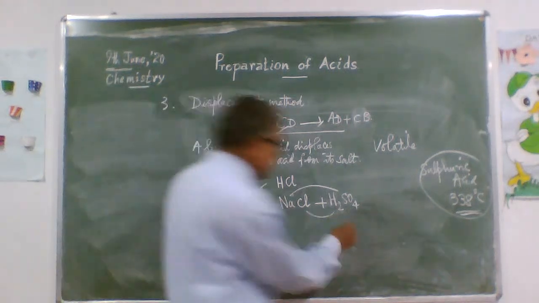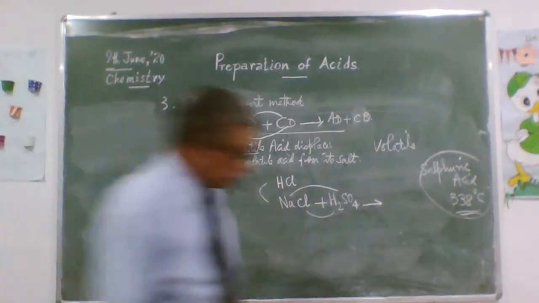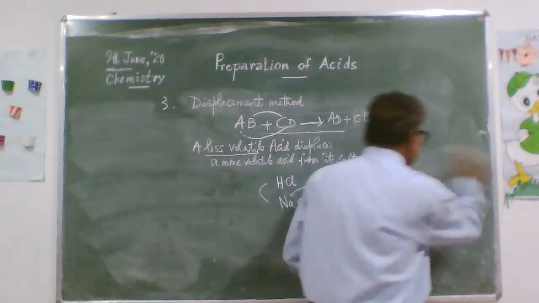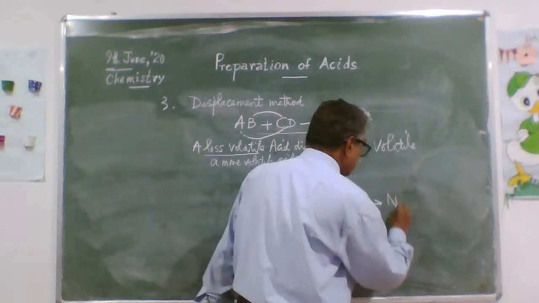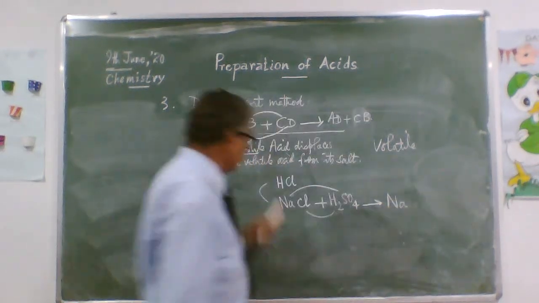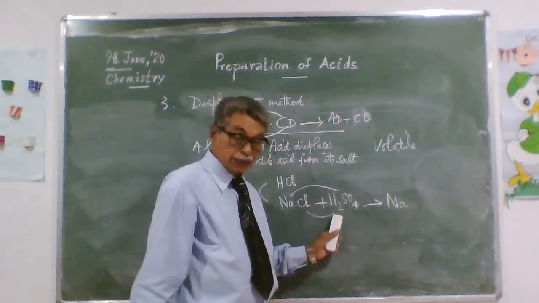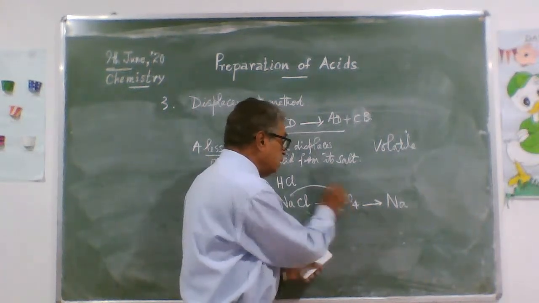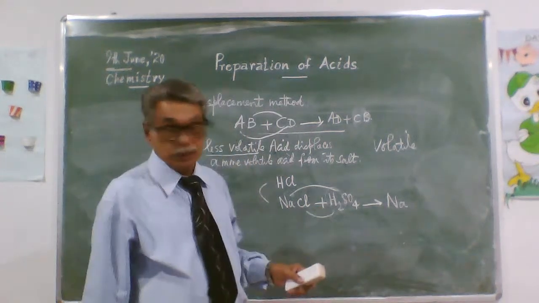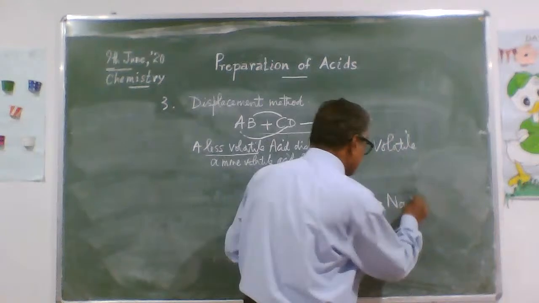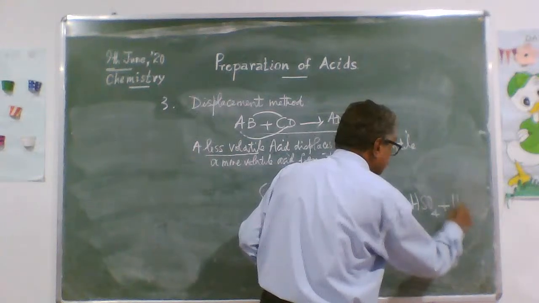What's the first reaction? The actual reaction takes place in two stages. I told you already earlier, sulfuric acid is a dibasic acid. So such reactions take place in two stages. In one stage, one hydrogen atom will go out of it, and in the second stage, the second one will also go. So in this case, it will first be NaHSO4 plus HCl.